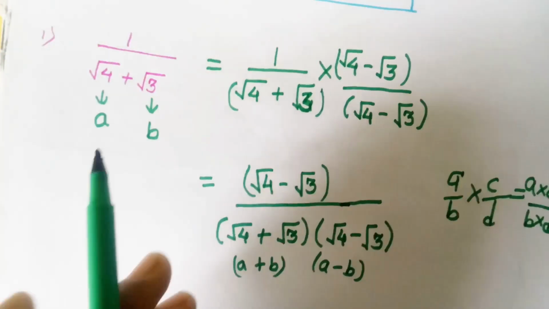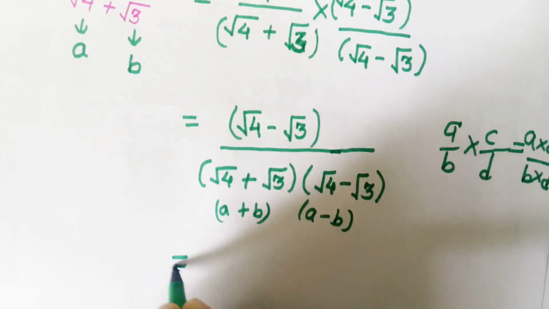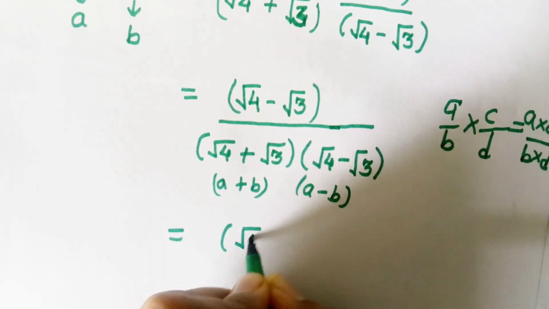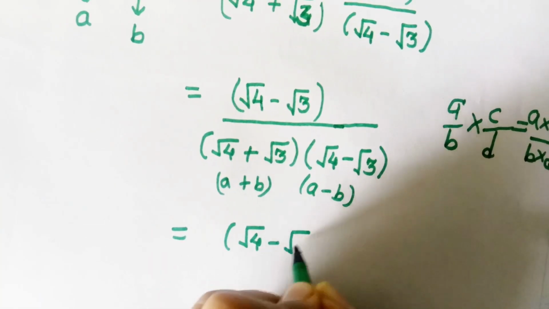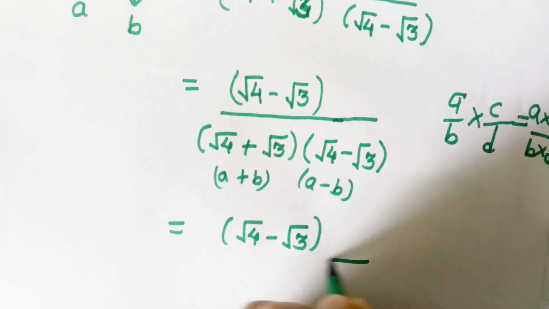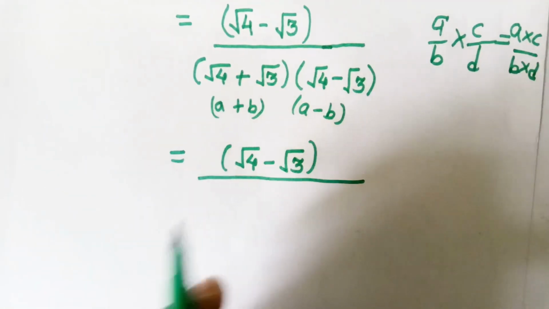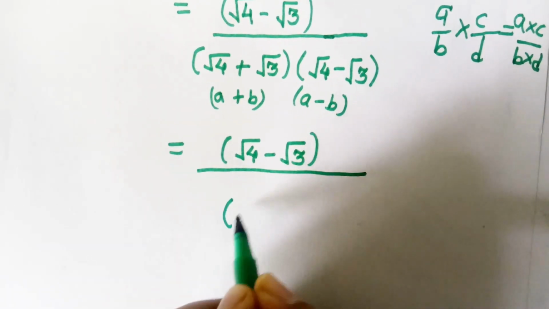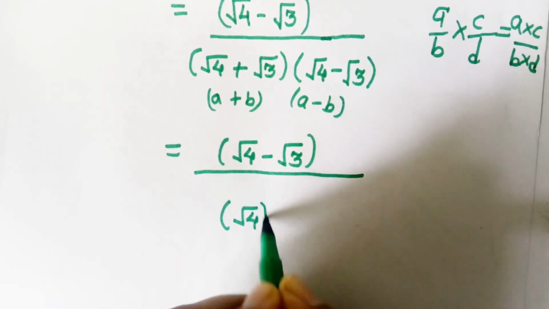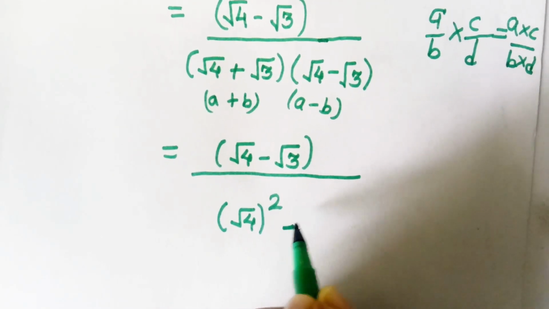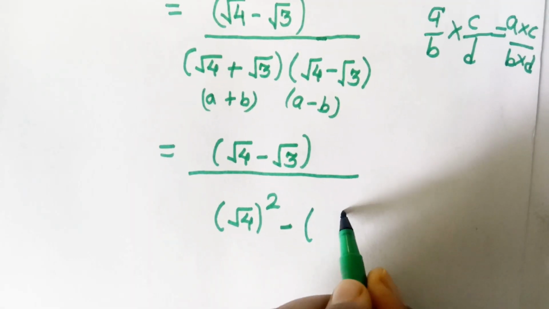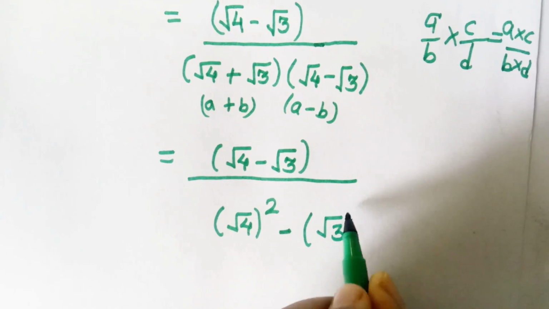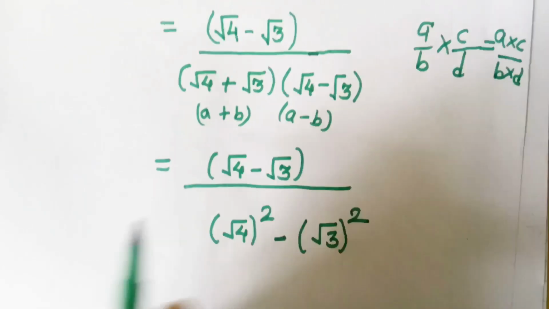So here a is under root of 4, so we get the numerator as it is, we write the numerator as it is, and in the denominator a square, a is under root of 4, so we get (under root of 4) square minus b square, b is under root of 3, so here (under root of 3) square.